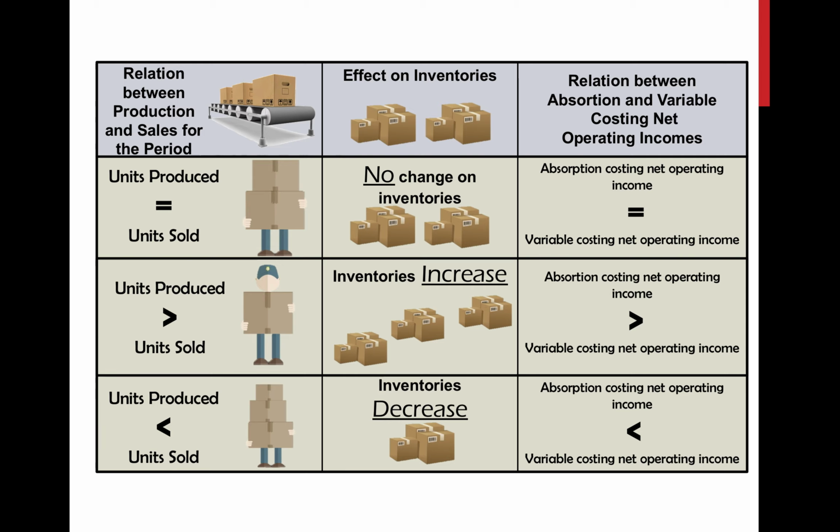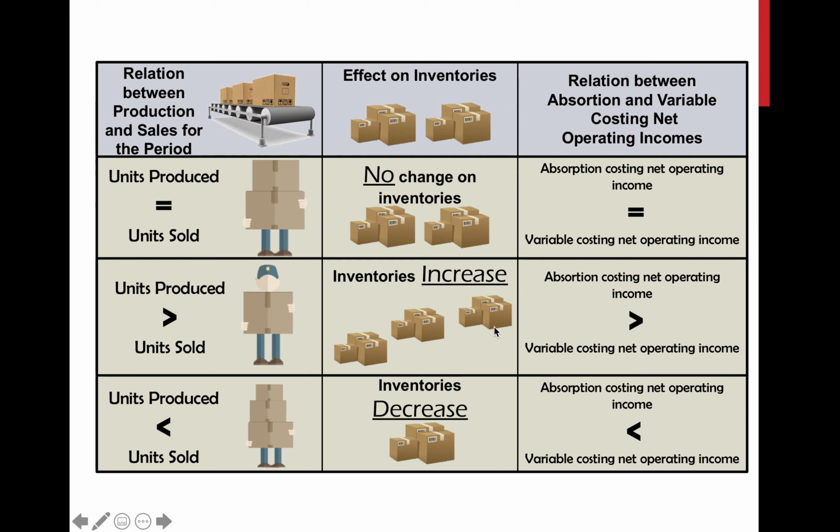I mean, you release some products from your initial inventory in order to fulfill all your selling needs. What happens in that case? All the little amount of fixed manufacturing overhead that you have on every product now moves from inventory on the balance sheet to the cost of goods sold, the opposite of what happened in the past.